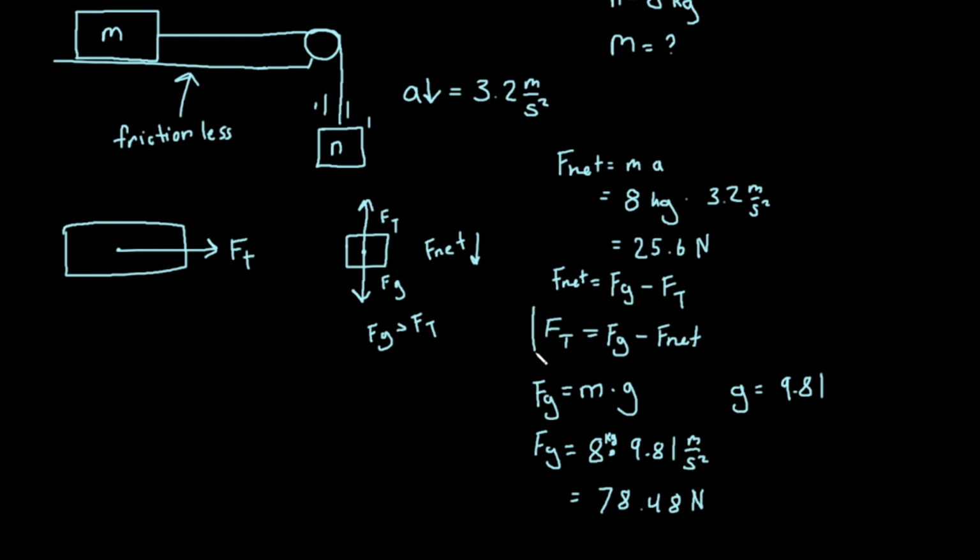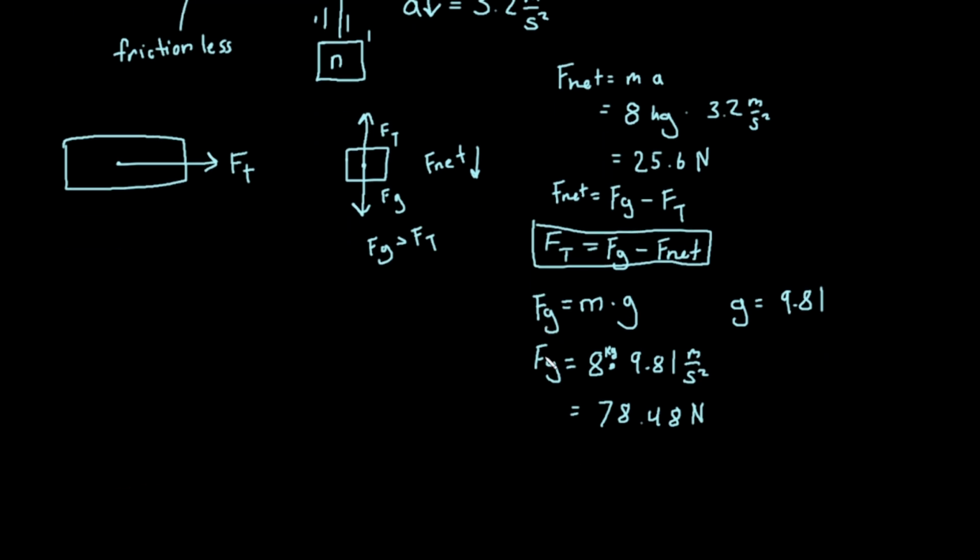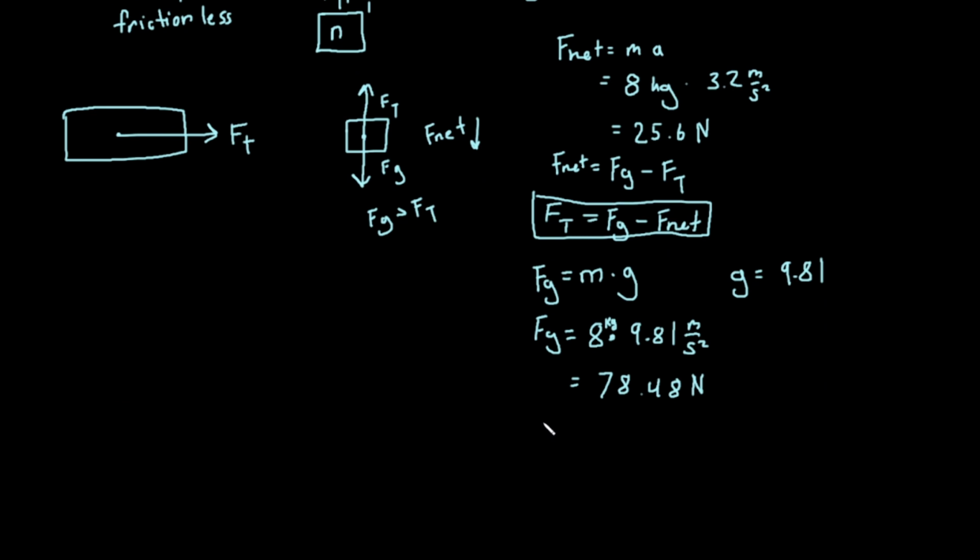Now, going back to this equation, if we substitute force of gravity subtracted by our Fnet, we'll be able to find our force of tension. So we'll have force of gravity, which is 78.48 newtons, subtracted by our Fnet, 25.6 newtons, and we will get 52.88 newtons as our force of tension.